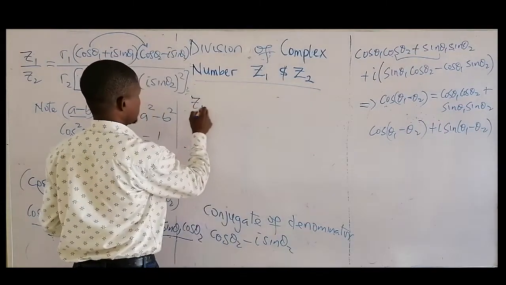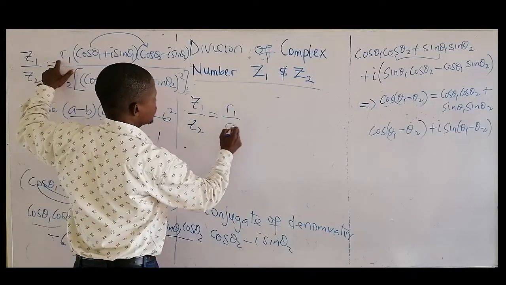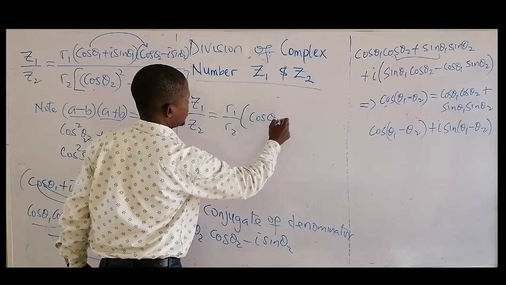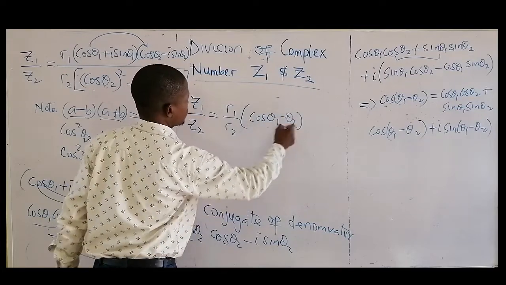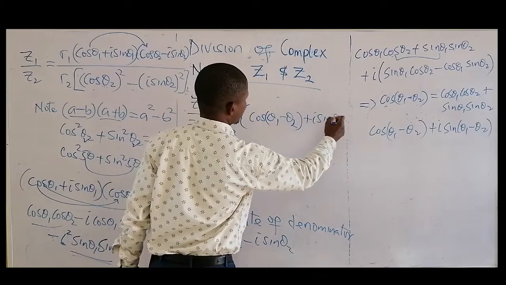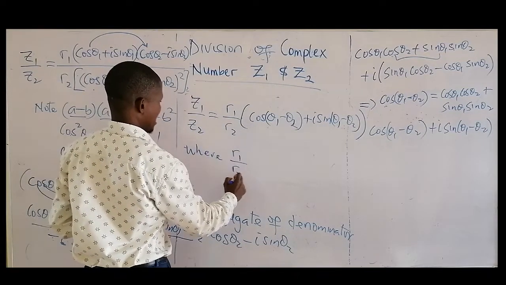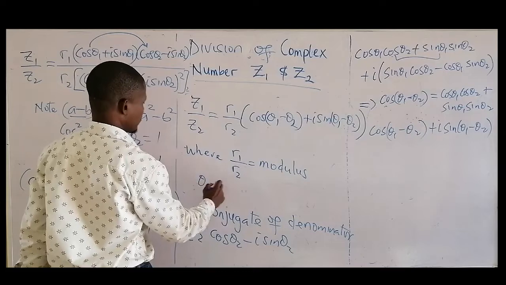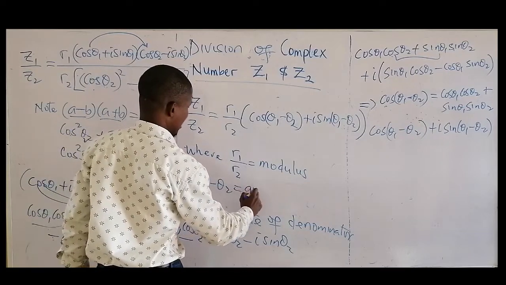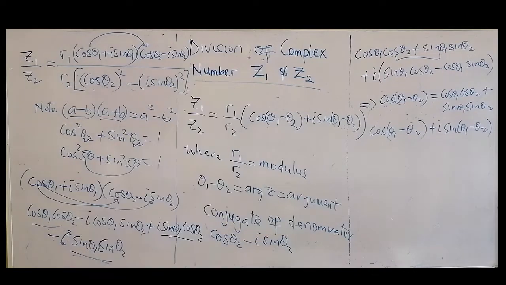So z1 over z2 is equal to r1 over r2 times cos of theta 1 minus theta 2 plus i sine of theta 1 minus theta 2. That's the division of two complex numbers, where r1 over r2 is the modulus and theta 1 minus theta 2 is the argument of the complex number.